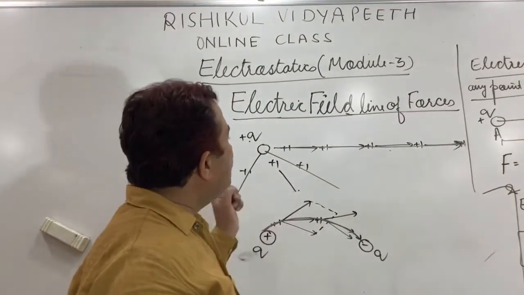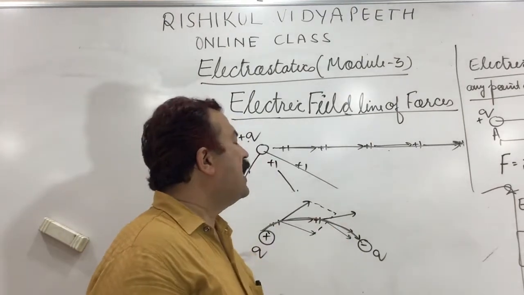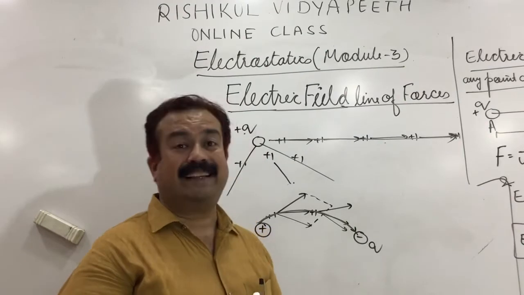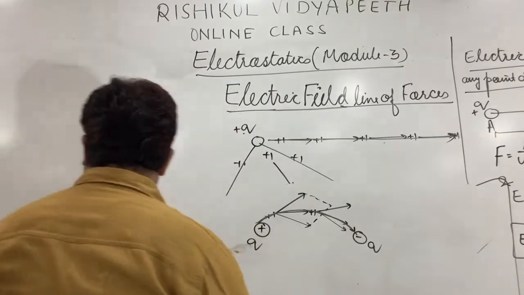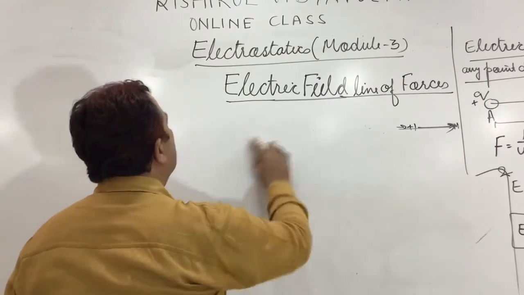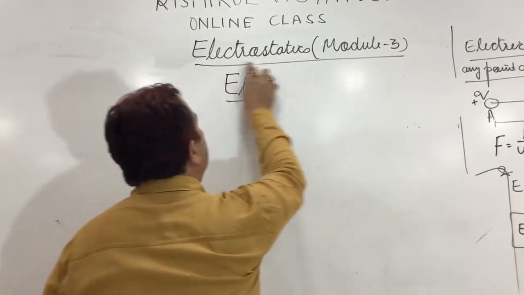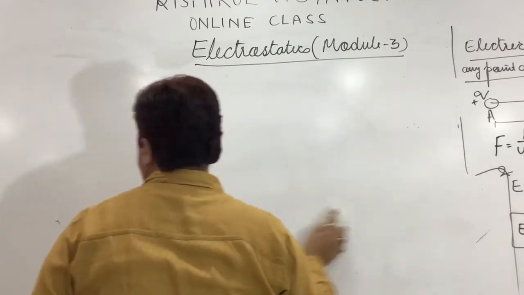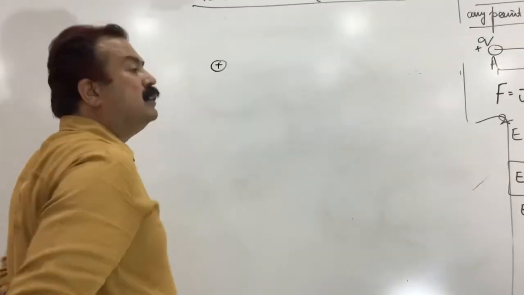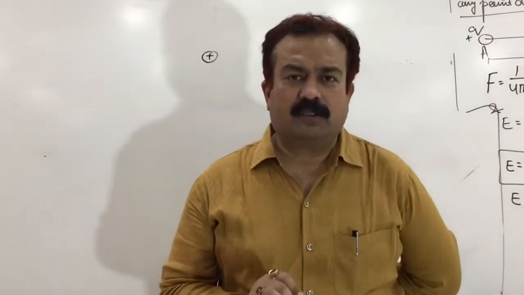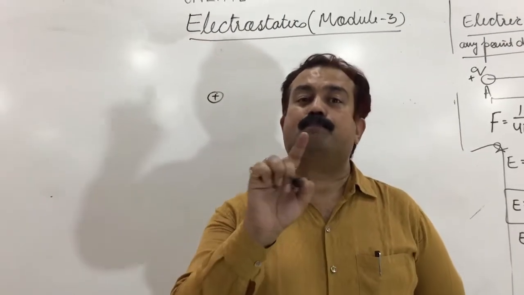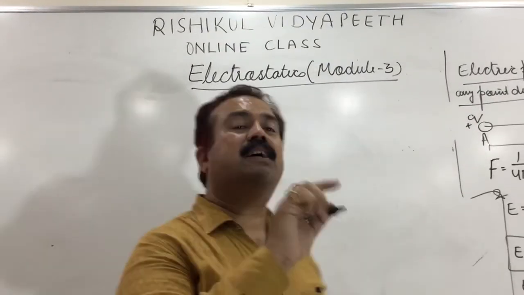Now, after these electric lines of force, we have to come to the properties of electric lines of force, or you can say sketches of electric lines of force. So here, see beta, the first property of electric lines of force that we can say is that electric lines of force are radially outward from a positive point charge.